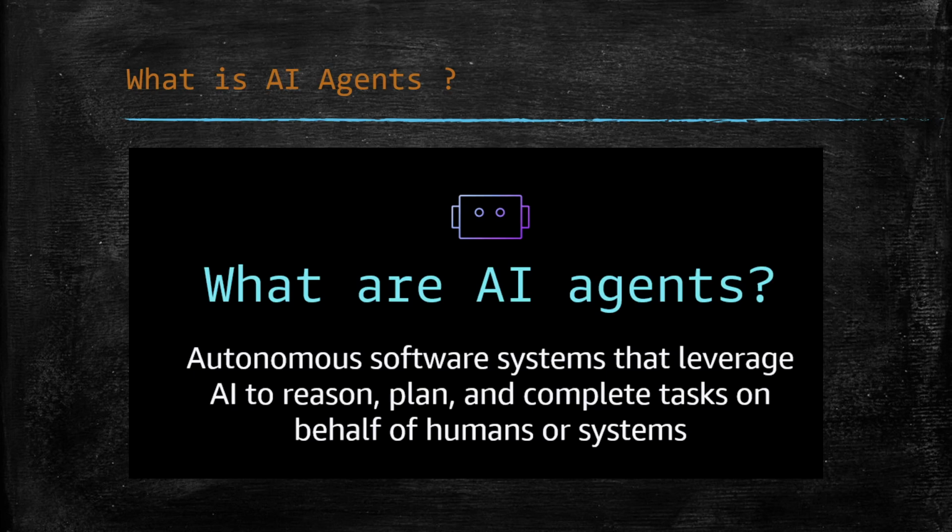We are going to build AI agents using a framework called the Strands SDK, and there are many other frameworks available in the market, like LangChain and CrewAI. These are some of the top-notch frameworks.